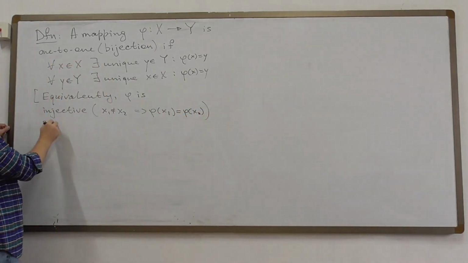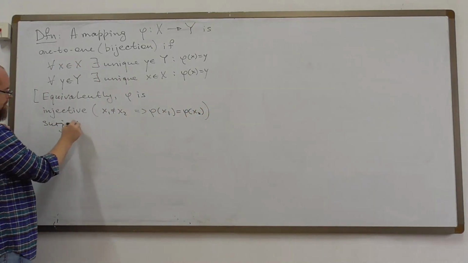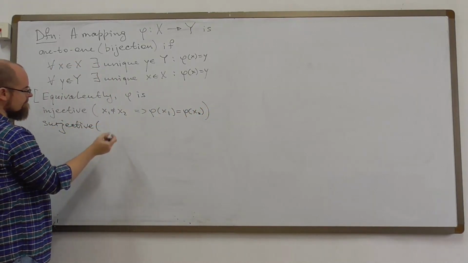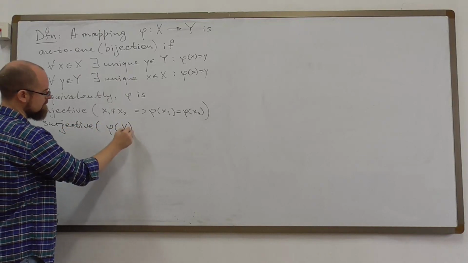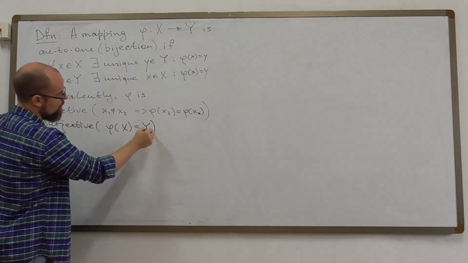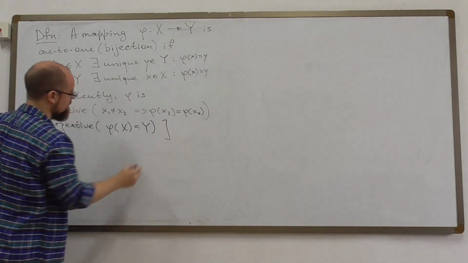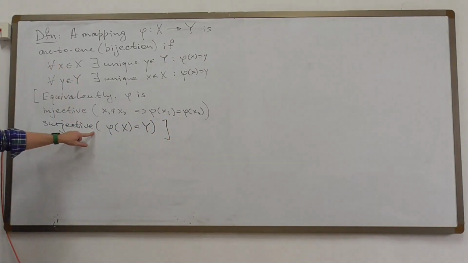And it is surjective, which means that phi of X is the whole Y. Or in other words, that this mapping is onto.